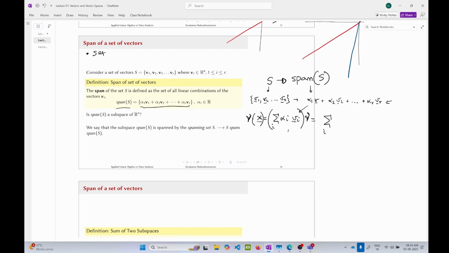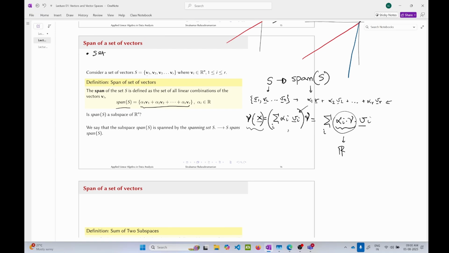That means alpha i times gamma, this thing here, is a product of two real numbers. That means this is also some real number. So the scaled version, gamma times X, where X was a linear combination of your Vi's, produces another vector which is also a linear combination of Vi's.